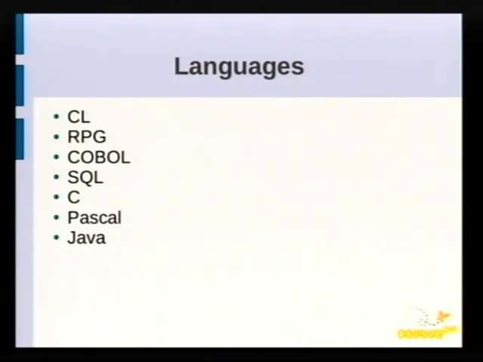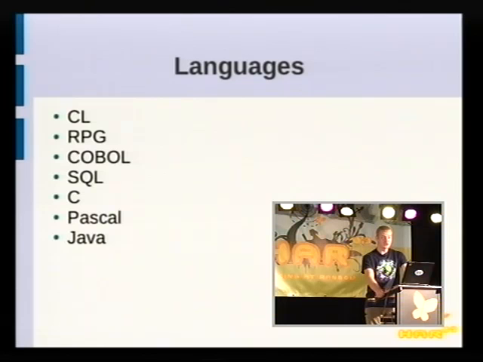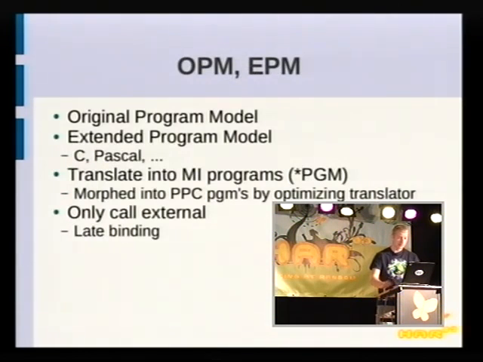So, some bits about programming. There are several languages available on the system. Some of them are really old, some of them are a bit newer. And the original programming model on the system was called OPM, so for RPG programming and COBOL and CL.